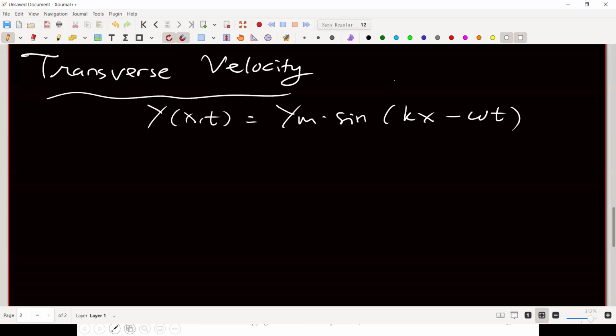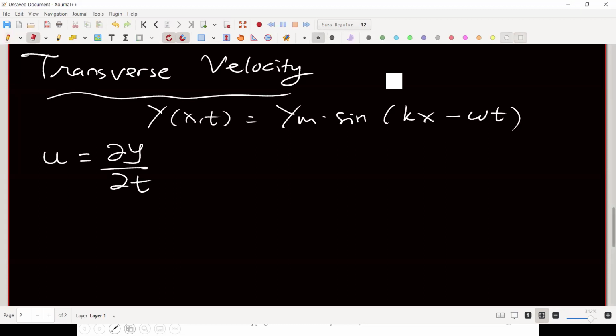So we can calculate the transverse velocity u. u is the derivative ∂y/∂t. Have you seen this sign? It is a derivative, it means partial derivative.